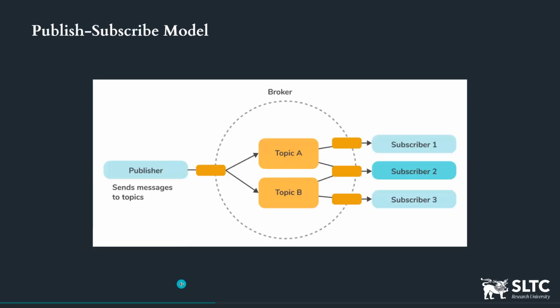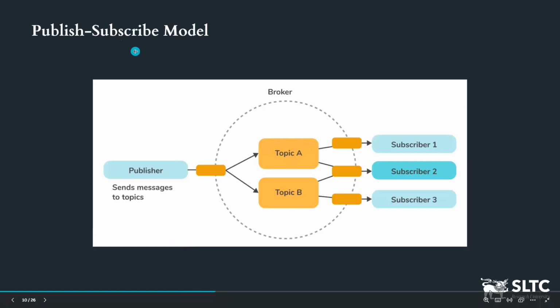When we talk about the publish-subscribe model, it enables us to send data to a certain receiver through certain topics that we define. There is an MQTT broker, a publisher, and a subscriber.